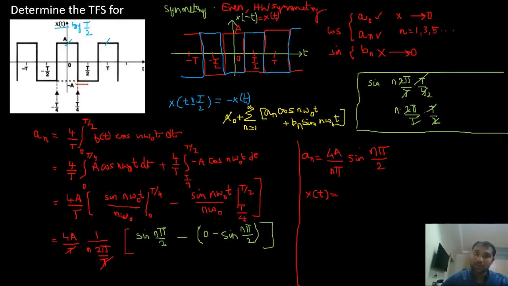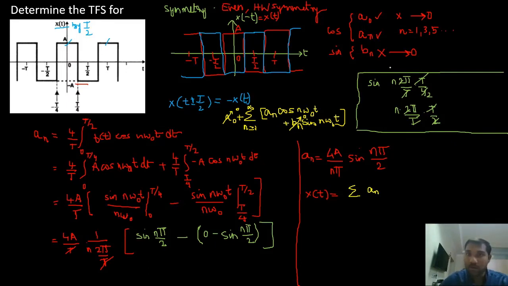A naught is 0, b n is 0, so we are left with only a n.